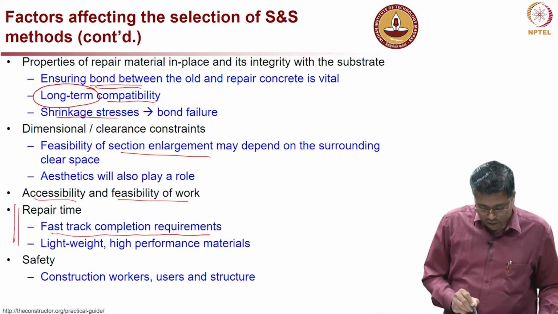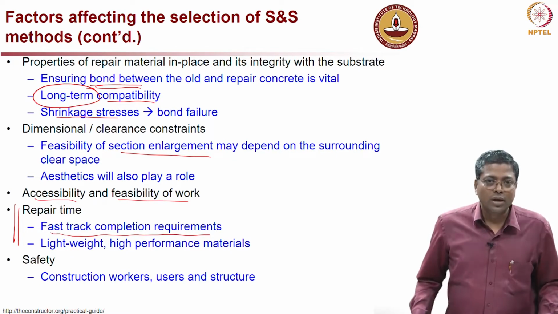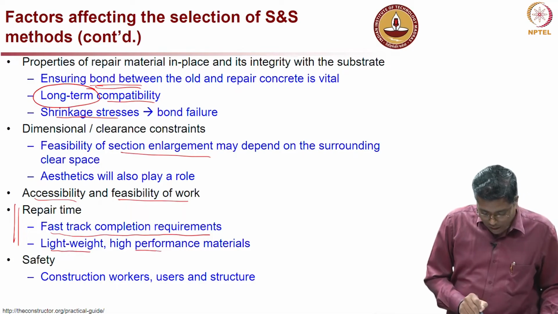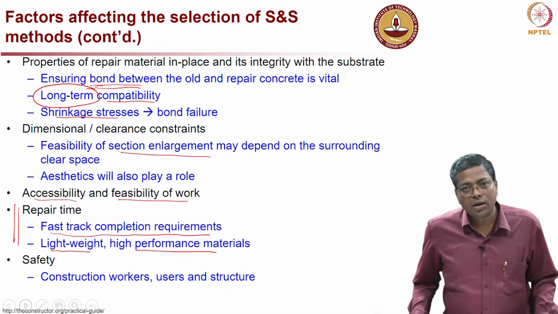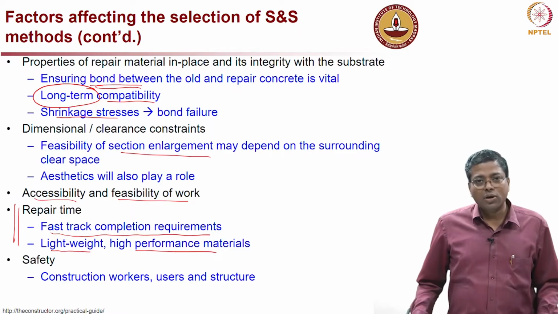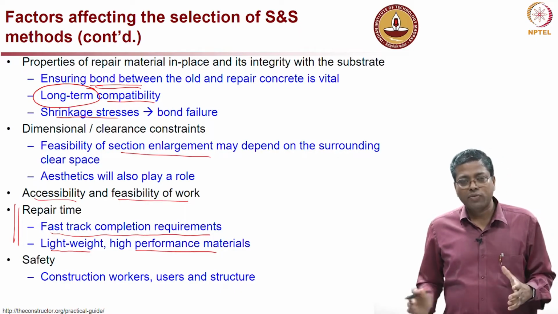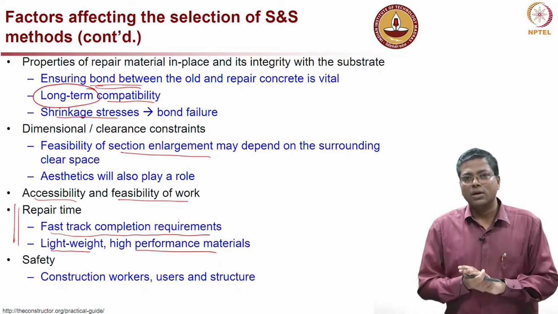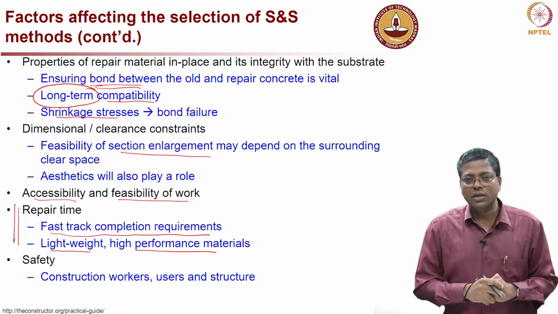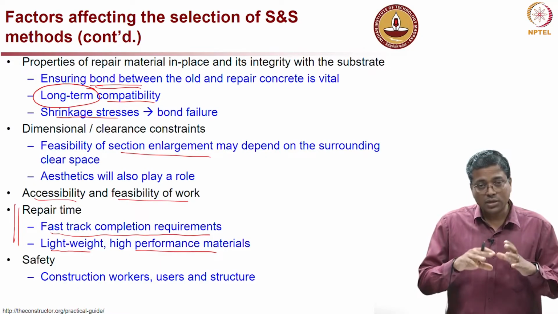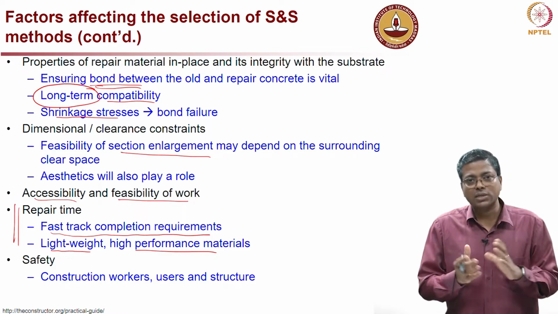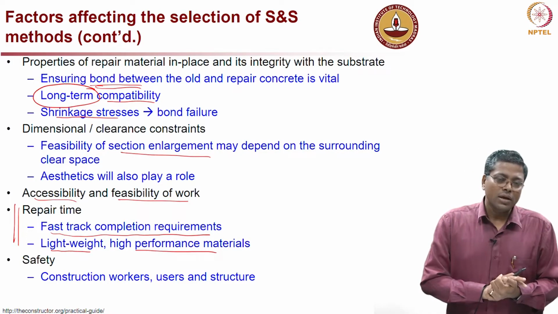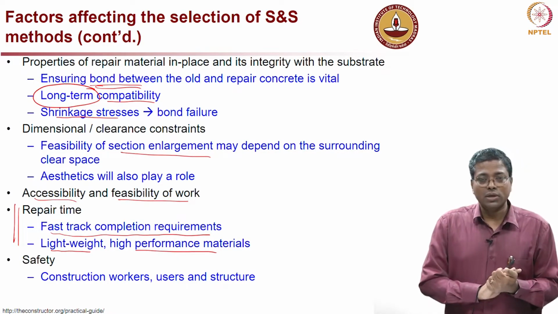Fast track completion, nowadays we want everything to be done very fast, and also lightweight and high performance materials are preferred. Why? Because if you go for lightweight and high performance, typically the chances are that you will not get much change in the shape or size of the structure, and so you will not even know that a repair was done if it is a high performance material.